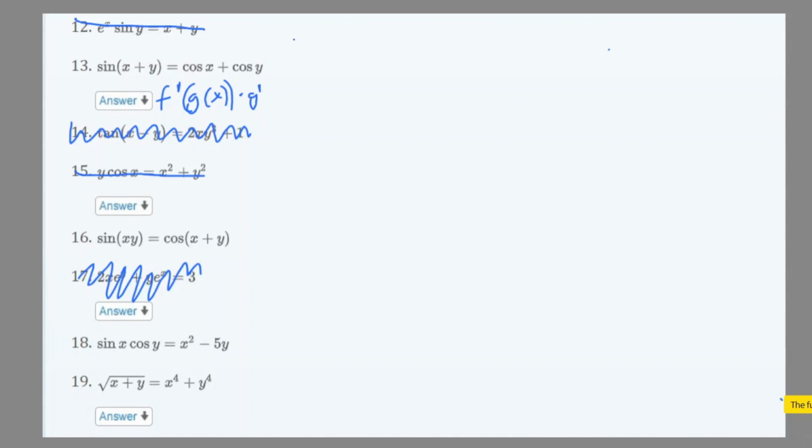So the derivative here would be cosine x plus y multiplied by the derivative of the inside, which would be 1 plus dy dx. So that would be that.